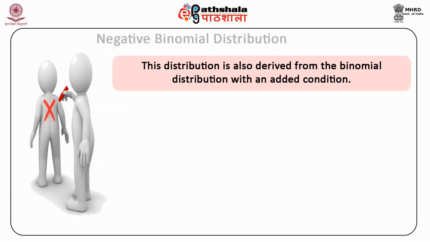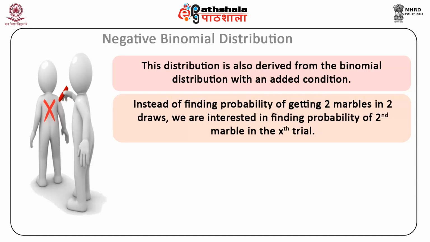Returning to the example we started with, assume that we want to keep drawing a marble with replacement until we get 2 red ones. In other words, instead of finding the probability of getting 2 red marbles in 2 draws, we are interested in finding the probability of the second red marble in the 4th trial.